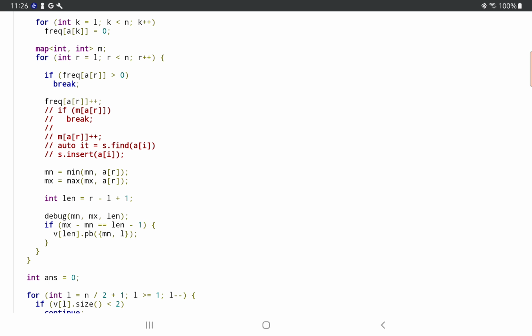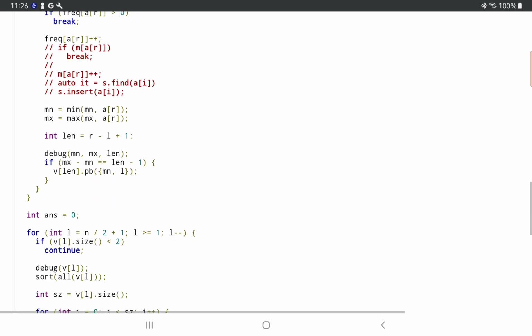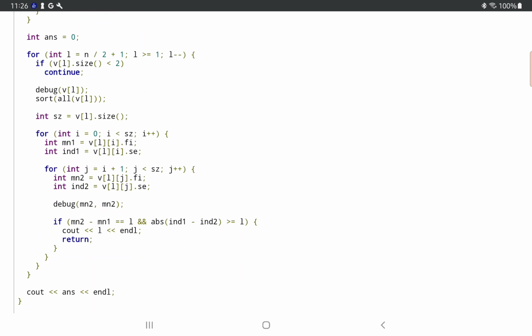Later on, I was checking if the frequency was unique or not. We calculated min and max, checked our conditions, and added into our vector. Later on, I was iterating from the largest to the smallest, so you can directly return whenever you get the first match. You sorted them all according to length, so you can just check the adjacent ones, right? Sorry, my bad, not adjacent ones, but it will reduce the cost.